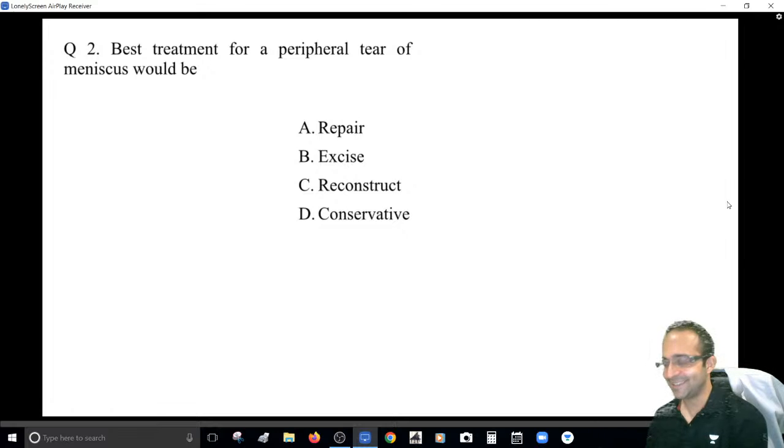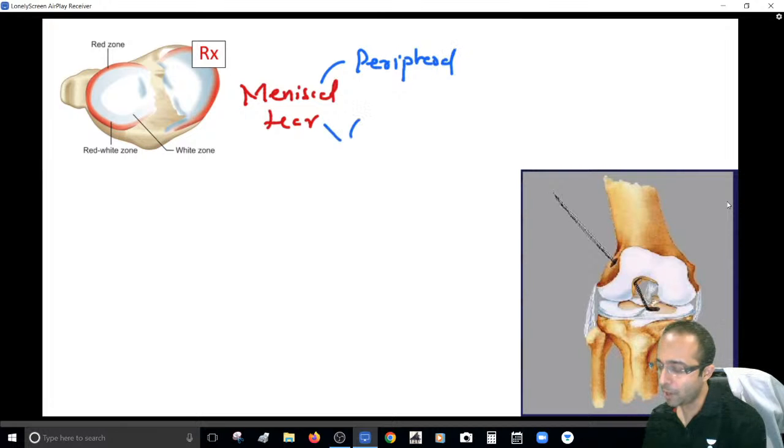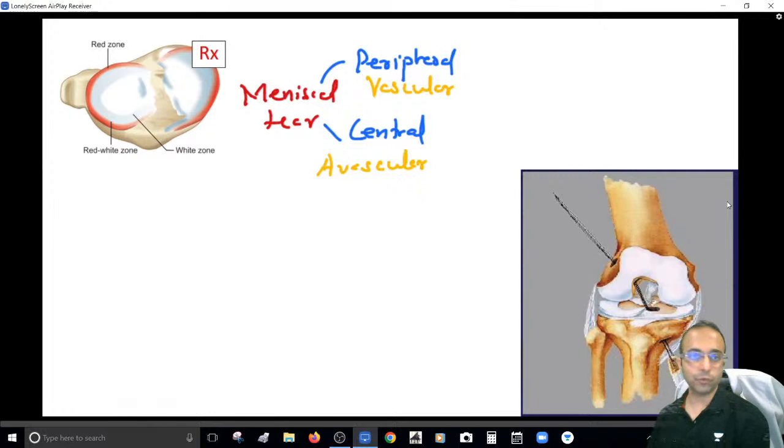Conservative exercise. Okay, I'll tell you. See, if you have a meniscal tear, you have to decide, are you dealing with a peripheral tear or are you dealing with a central tear? A peripheral tear is in a vascular red zone and a central tear is in an avascular zone.